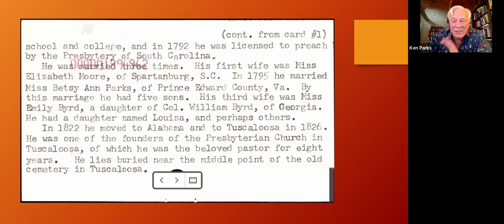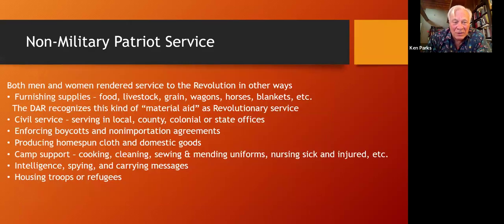Again, here's an instance of somebody being mentioned in these military files on Fold3 who is not a soldier, not directly involved in the revolution, but whose information could open up the Parks line, which might be yours if you're from an area like this. So that's what that incidental mention was all about.